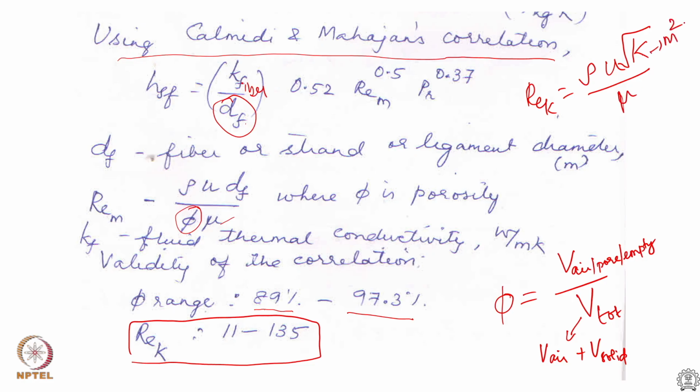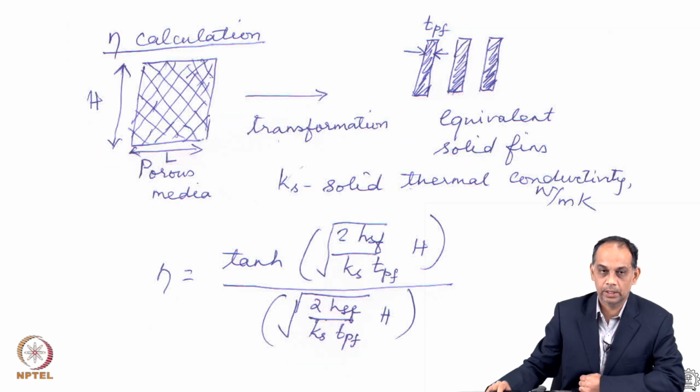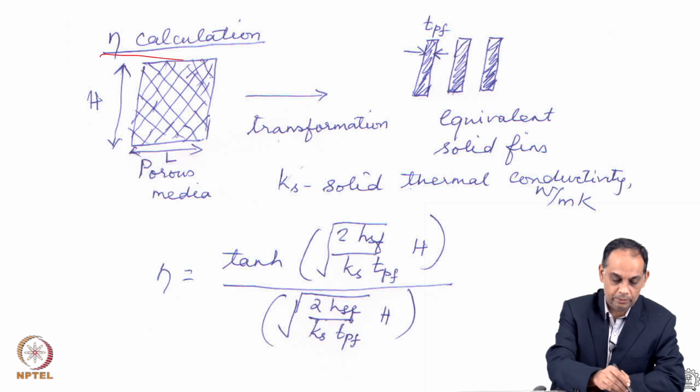It is a geometric constant for any porous media, and it is usually reported. In Kalidi and Mahajan's paper they have reported a variety of permeability values for stochastic foams, and an empirical correlation is also given for these foams. So making use of that correlation, now we need a way to calculate the fin efficiency.